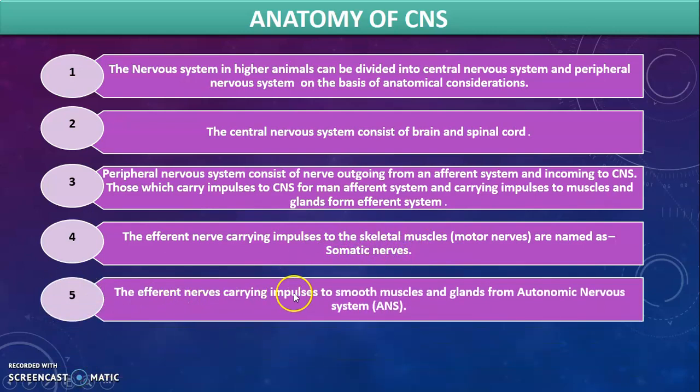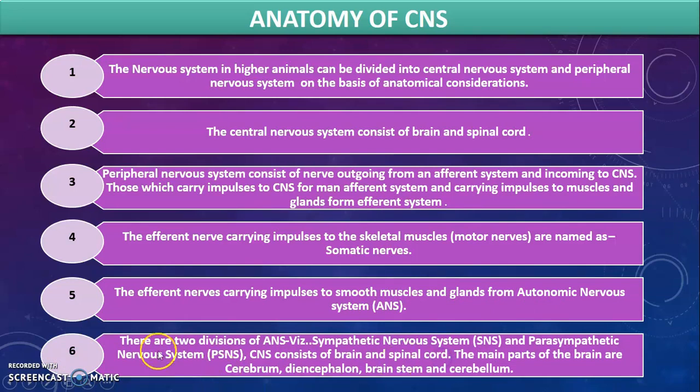Then efferent nerves carrying the impulses to the smooth muscles and the glands are the autonomic nervous system, also known as the ANS. The autonomic nervous system has two divisions: the sympathetic nervous system, SNS, and the parasympathetic nervous system.